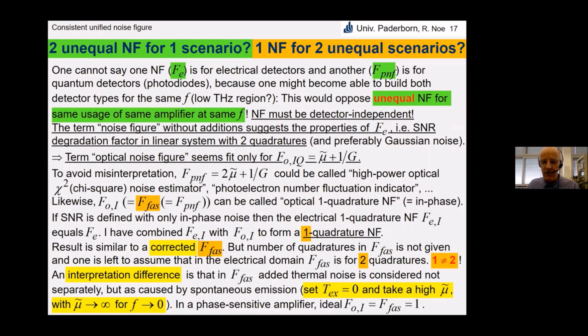Because of how the noise figure is calculated, this has been defined by Hermann Haus. Okay, I would not call this a noise figure. You should call it differently. My 1 quadrature noise figure is similar to this.